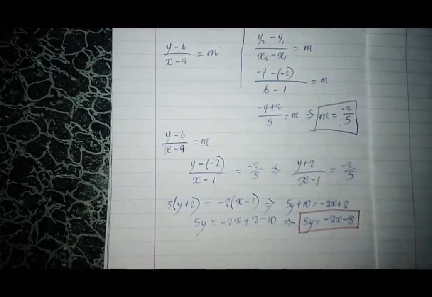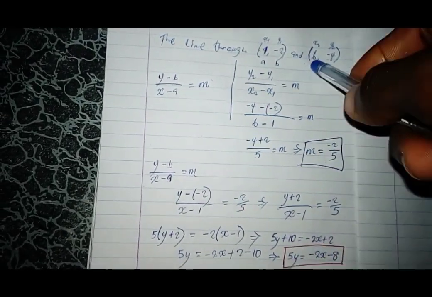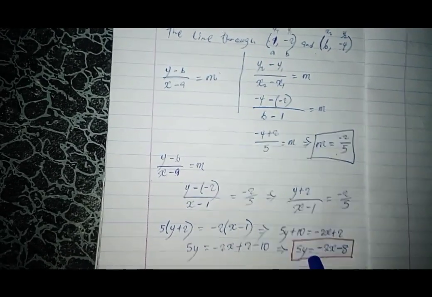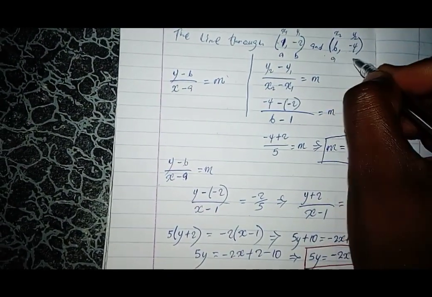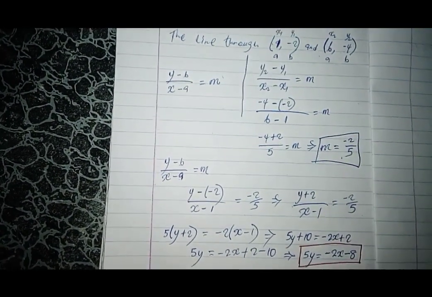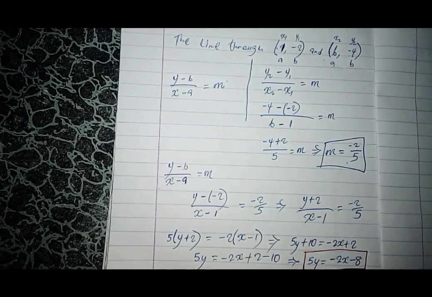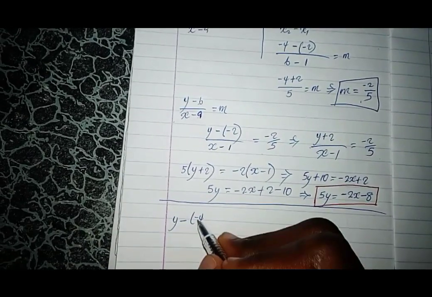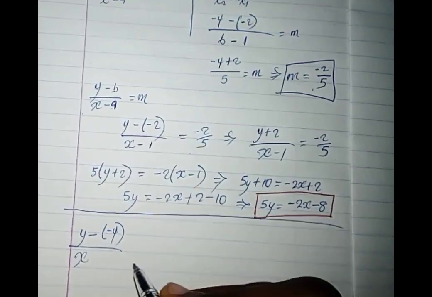But to clear your doubt that when we use the second point on the line we would have the same thing as the first point, we should do that. And this is a and this is b as usual. So this is y minus, what is b? b is negative 4, sorry for that, all over x minus a.